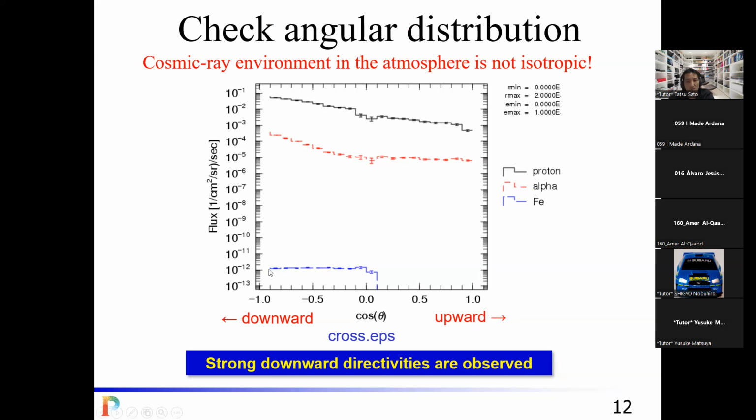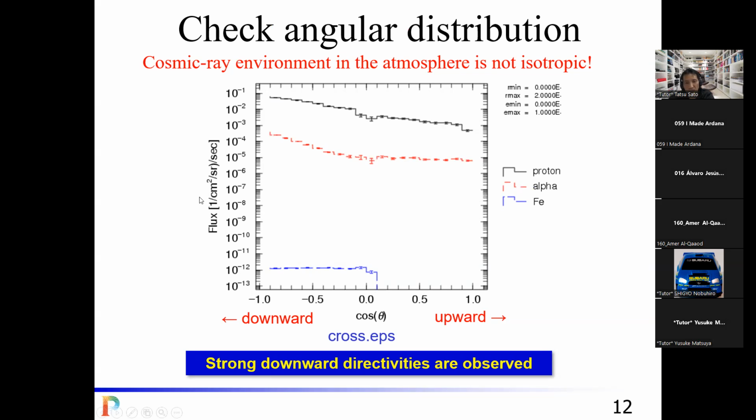For the iron, there are almost no secondary iron ions, so all irons are going in the downward direction. Except for here. This is due to the round shape of the atmosphere.